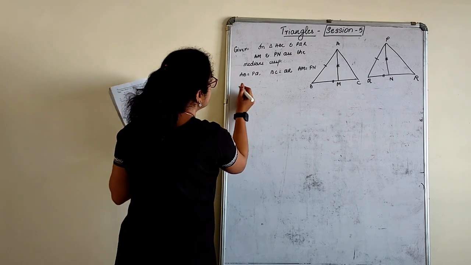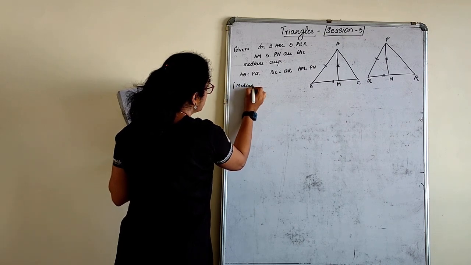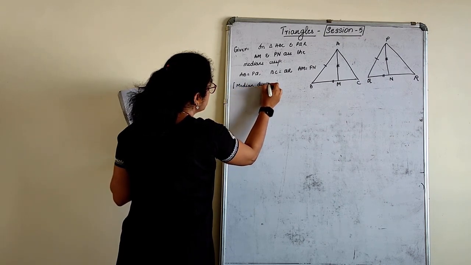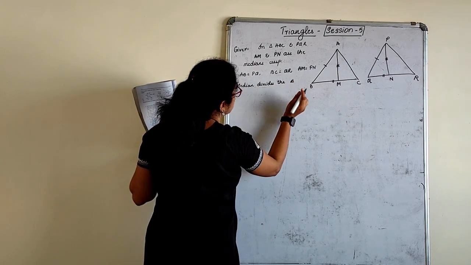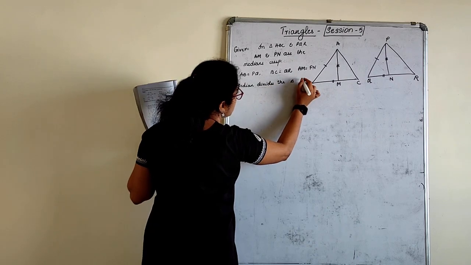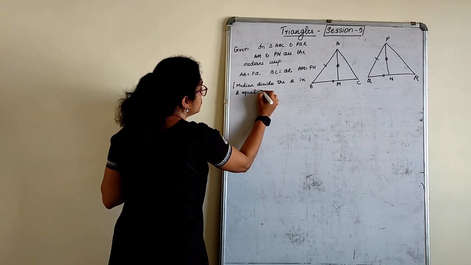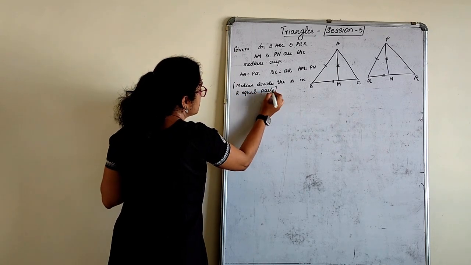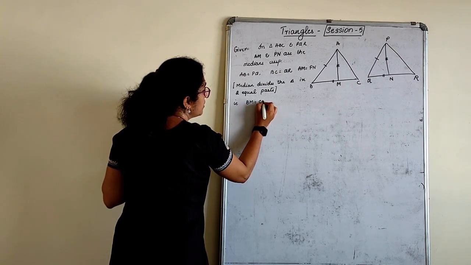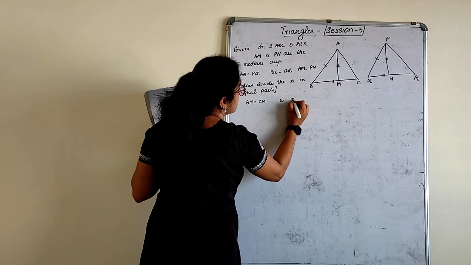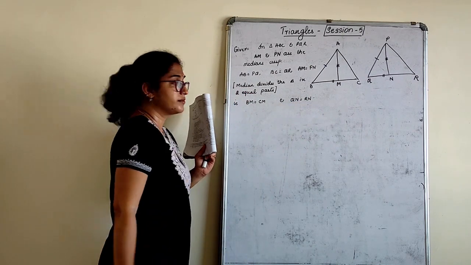And since it is a median, just write here: median divides the triangle in two equal parts, that is BM is equal to CM and QN is equal to RN. Is this very clear? Okay.